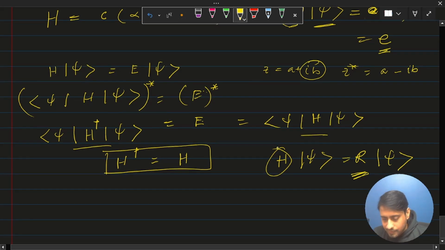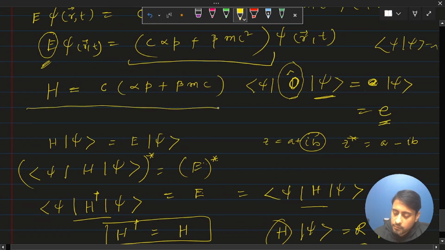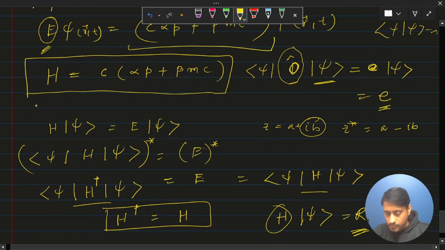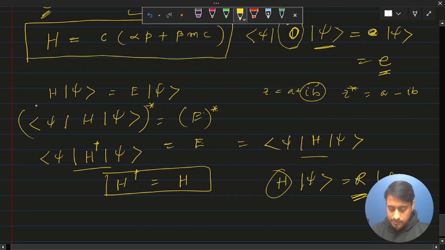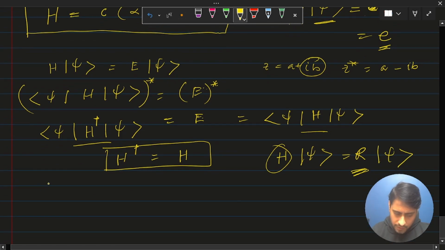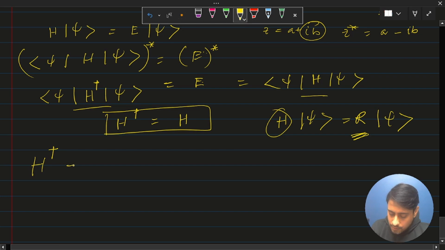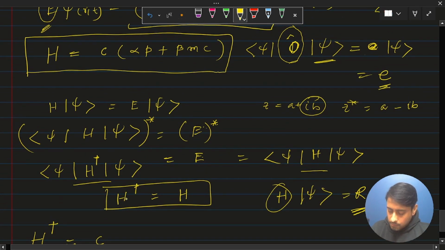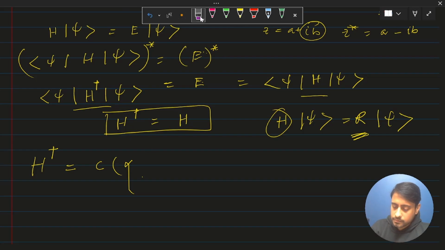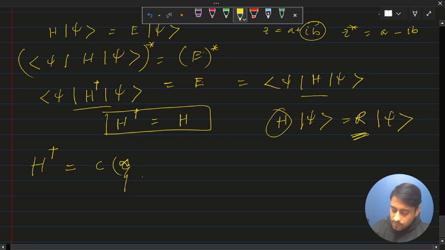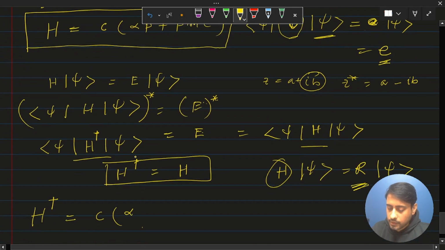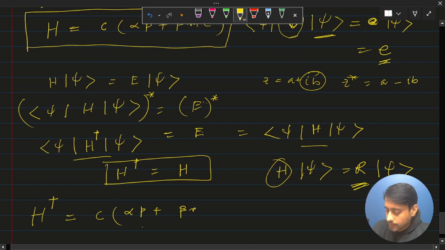So with this curiosity in mind, because we already have this Hamiltonian expression H, let's go further and calculate the Hermitian conjugate of this H. Because c is a real number, it will not affect the value, but this alpha... Alpha, what is there? Alpha into P plus beta mc.